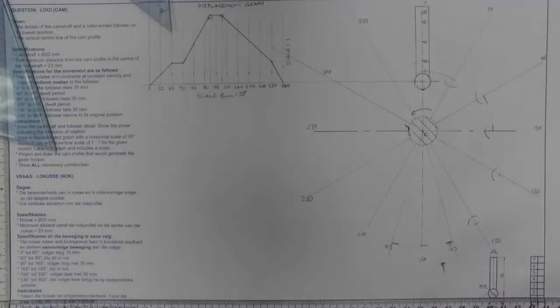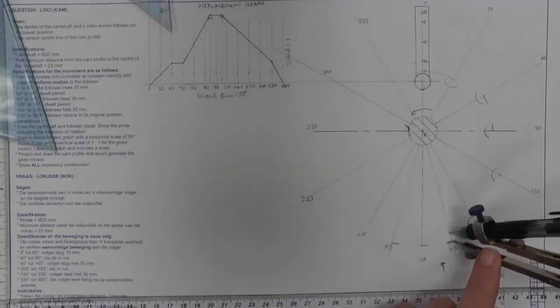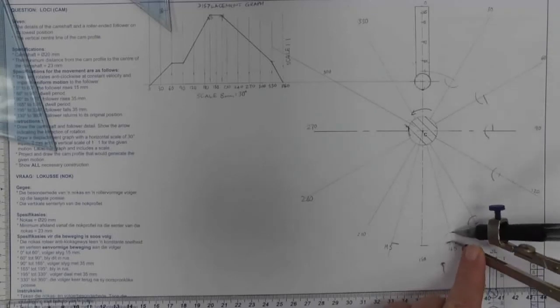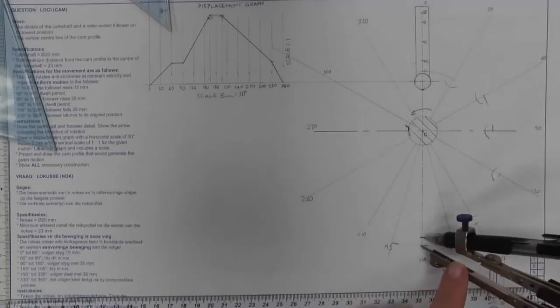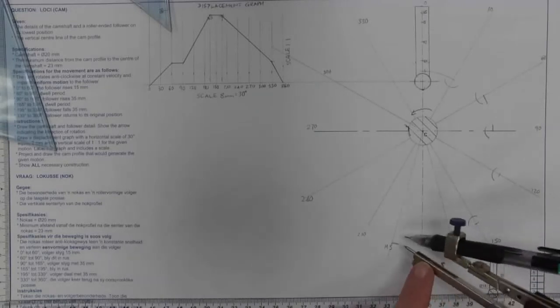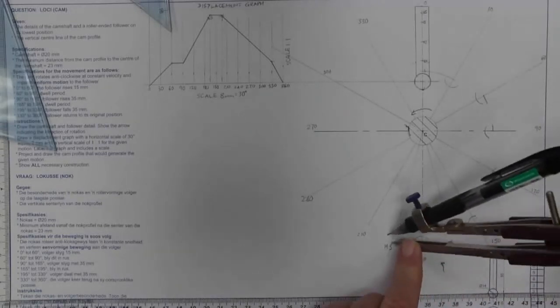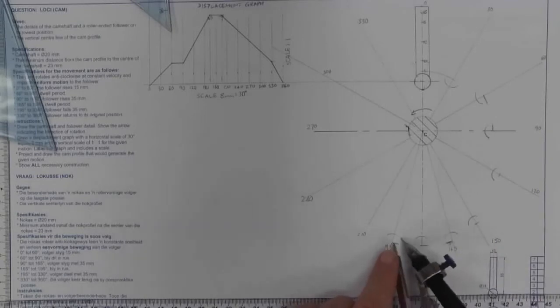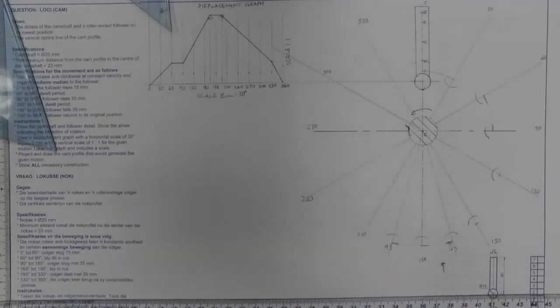Remember, when we draw this, it's not going to always be exactly where the point of this arc hits where the point will be. It's going to be a tangent along the shape. So there I'm up to 195.